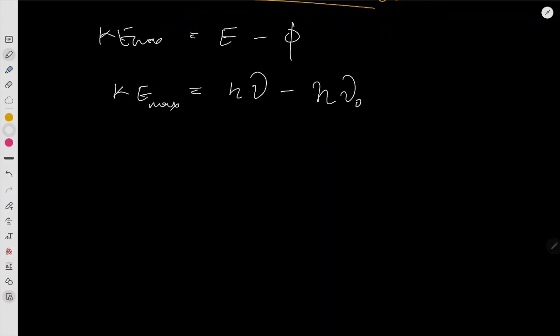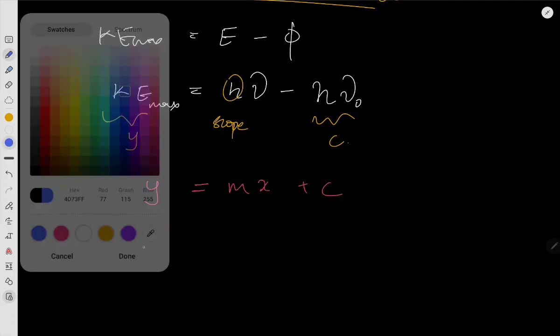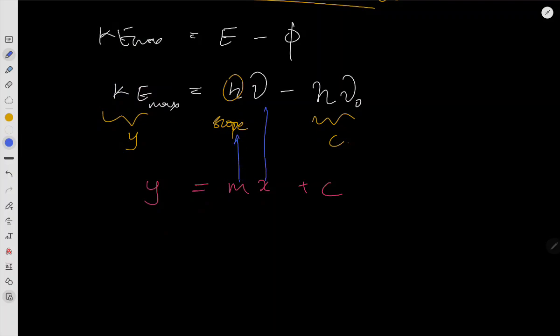So now here this is a c, this is a slope, and this is a y. So we can compare with y equals mx plus c. So let me compare it quickly: m, x, c, y.